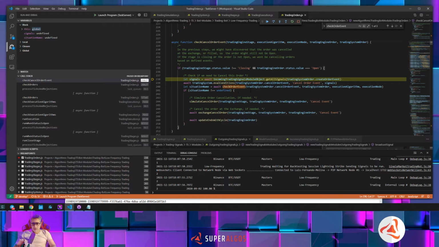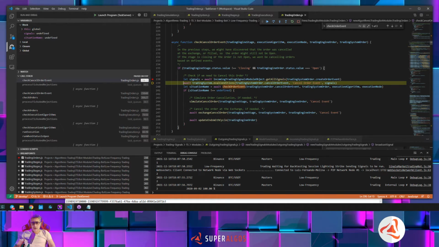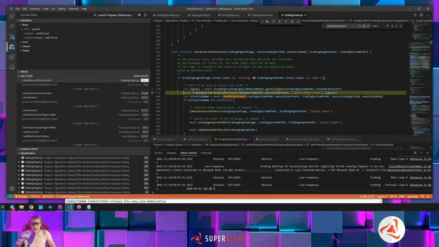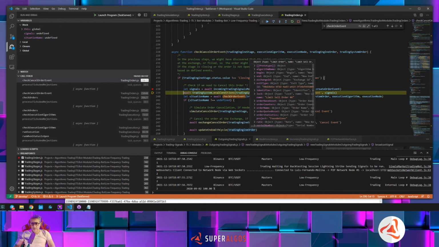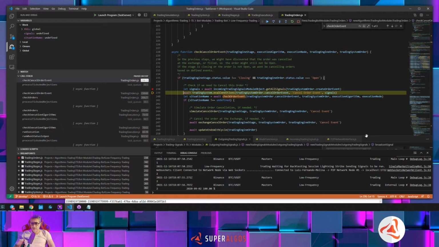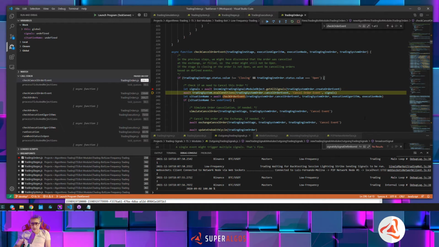So let's check this again. We are the check cancel order event, right? Check cancel order. So we're going to eval conditions and check order event.